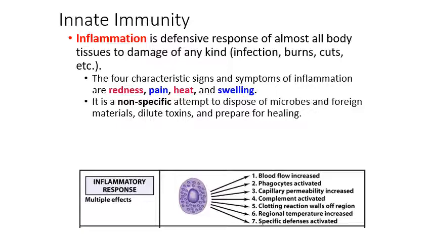The swelling from the increased leakiness of the capillaries puts pressure on surrounding nerves, and that's what creates the pain. And then the heat is a response to the increased blood flow to the area, right? That increased blood flow brings more warm blood, which is heat. So those 4 things are caused by all of those different pathways happening to try to protect you. The inflammatory response is there to protect you and help you, but it can be uncomfortable.